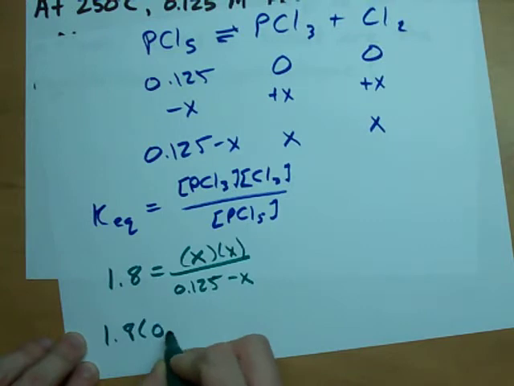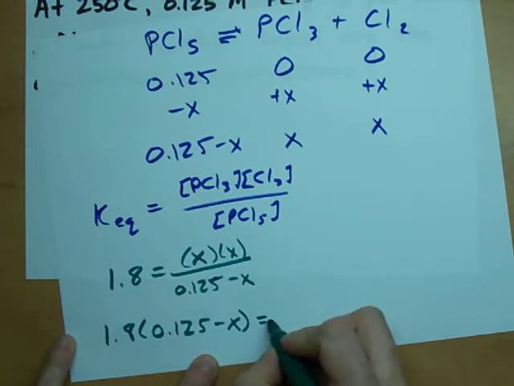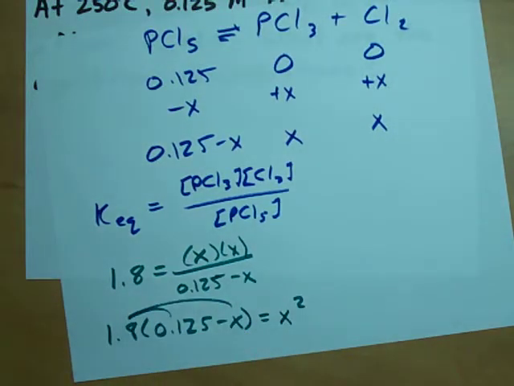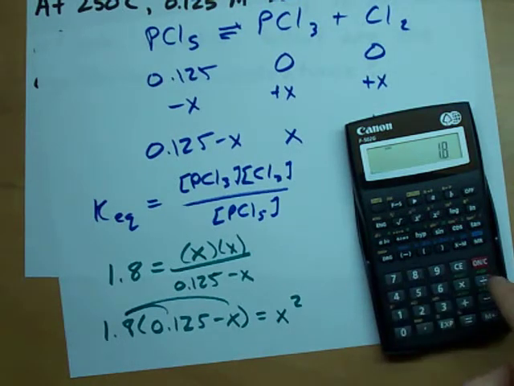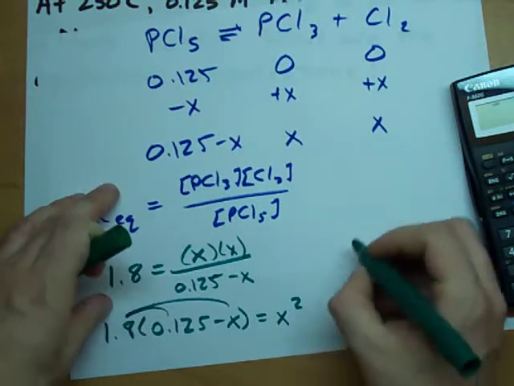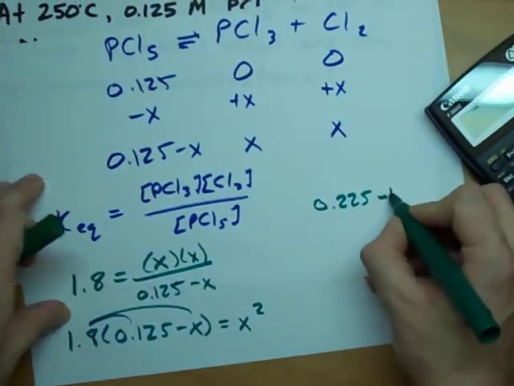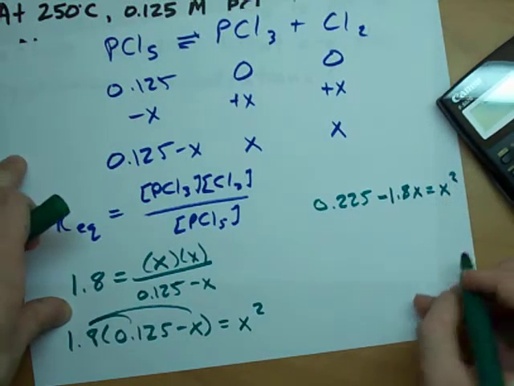I'm going to move my 0.125 minus x over to the other side, and I'm going to have to multiply that 1.8 through. Let's do that quickly. 1.8 times 0.125 gives me 0.225 minus 1.8x equals my x squared.